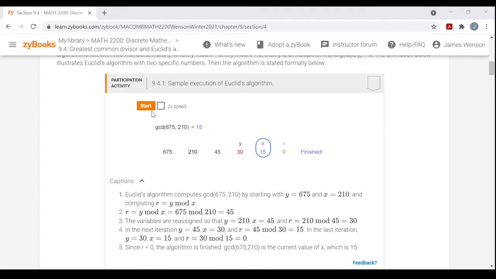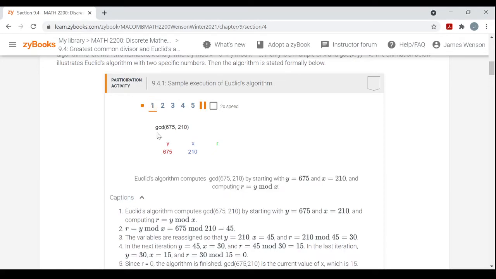So here's an example. I'll actually play this animation here for you. Say we're asked to find the greatest common divisor of 675 and 210. So first, the larger number is 675, the smaller number 210. What's the remainder when I divide 675 by 210?